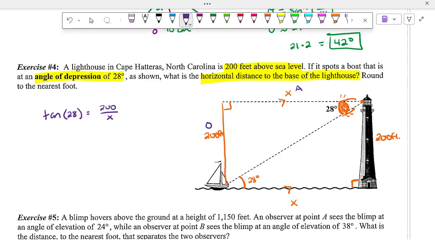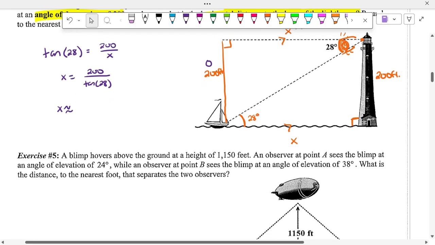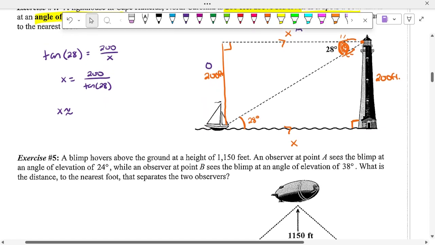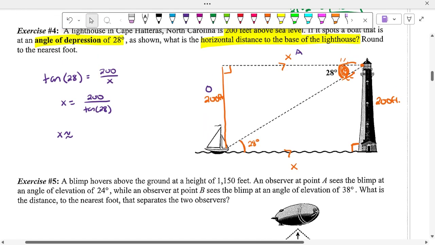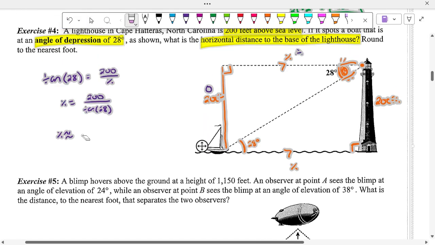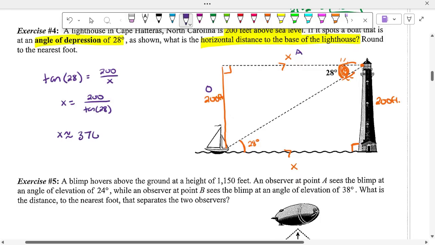Switch the X and the tangent of 28. So X is equal to 200 over tangent of 28. So X is approximately what, to the nearest whole number? 376 feet. So that's how far away the boat is from the lighthouse.